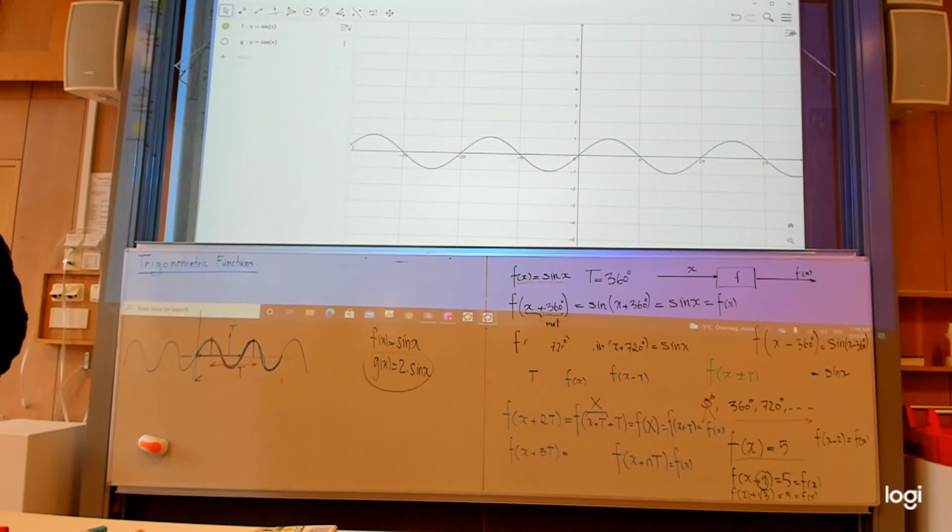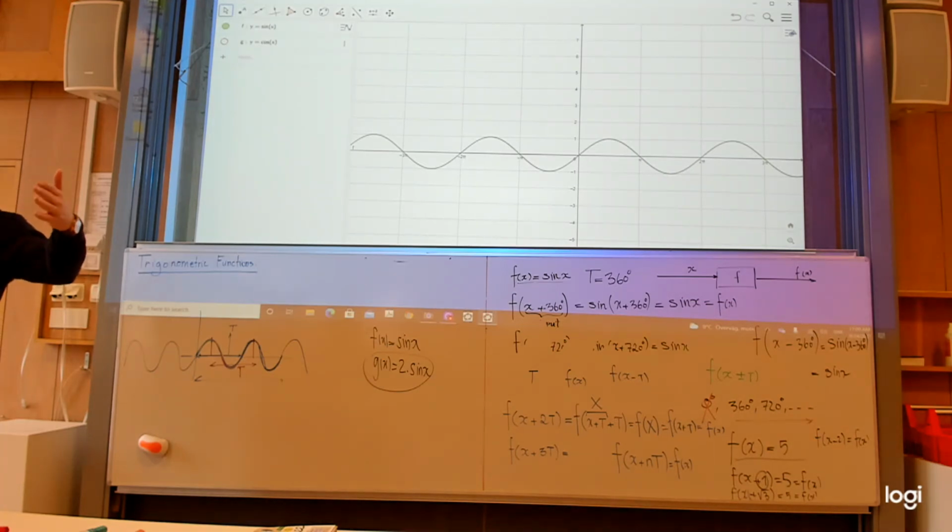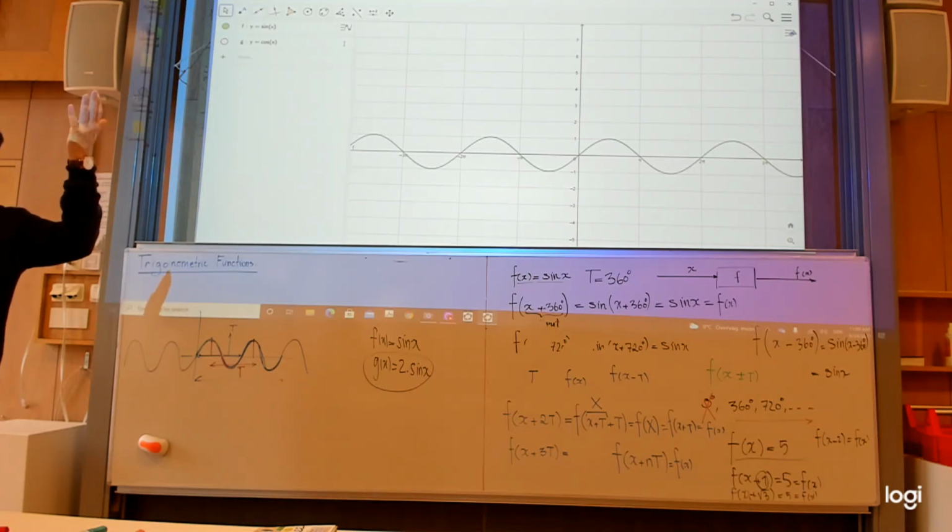Will it be stretched up and down, or squeezed up and down, or stretched left or right, or squeezed left or right? Will it be stretched or squeezed, and in which direction?